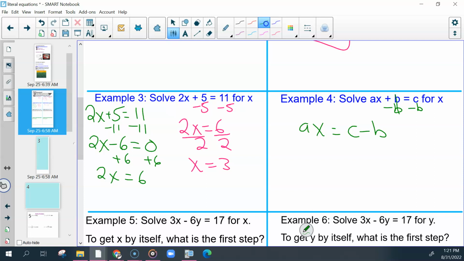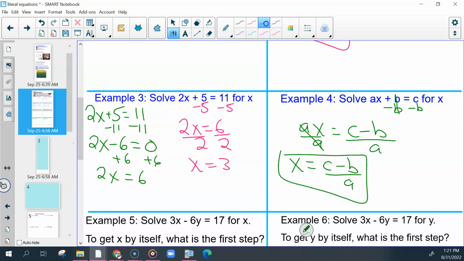And then what? Divide by x. We're solving for x, so not by x, but by a. And we're going to divide this entire side by a. So x equals c minus b all over a. No idea what that means, but if we had numbers to input, we could solve that, but we don't. So that's our equation.